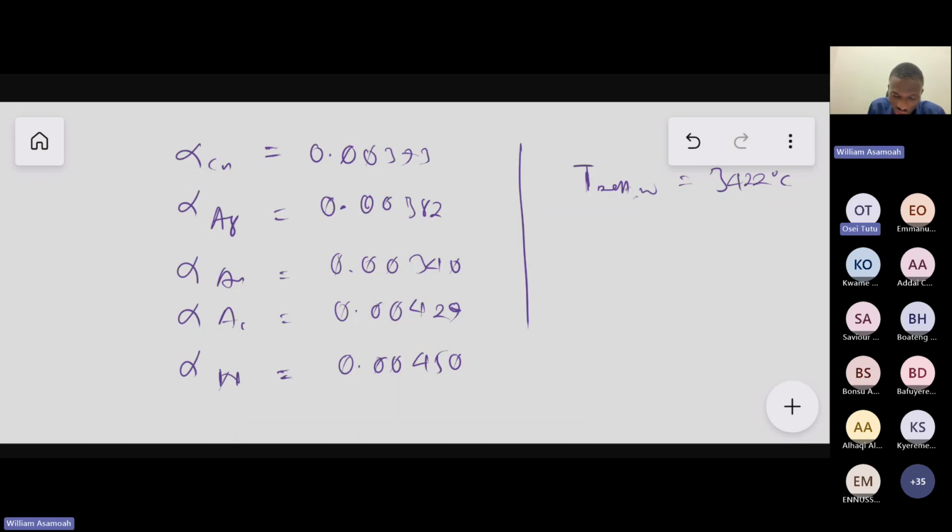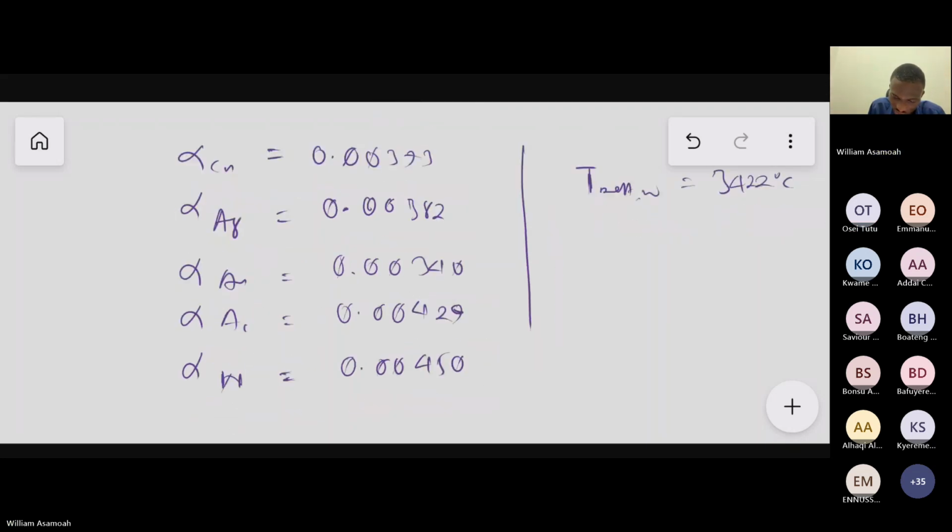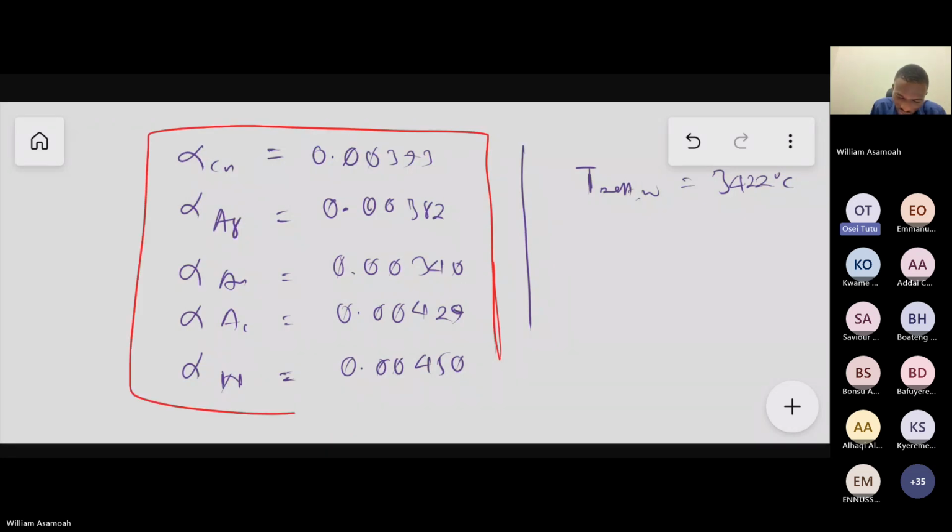If you look at this list, the temperature coefficient of resistance that we have talked about. Which of the elements has the, yes, Collins? Gold. That means gold is more stable. It doesn't react quickly to what?